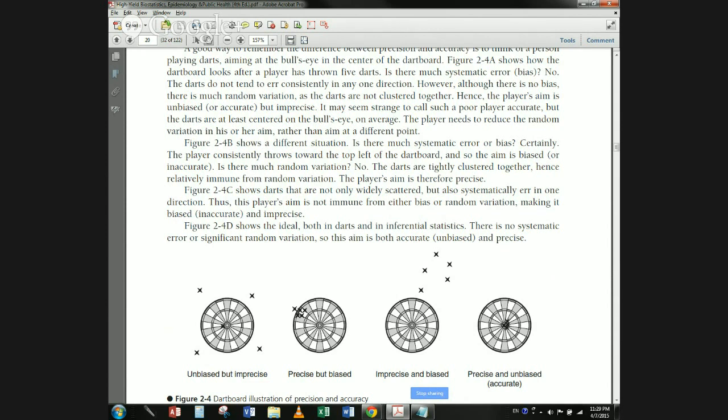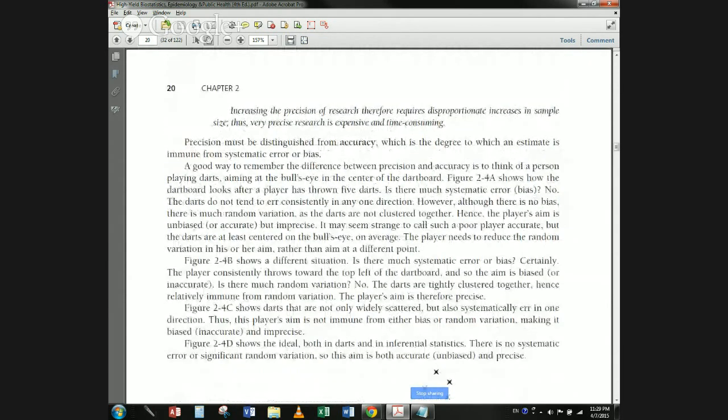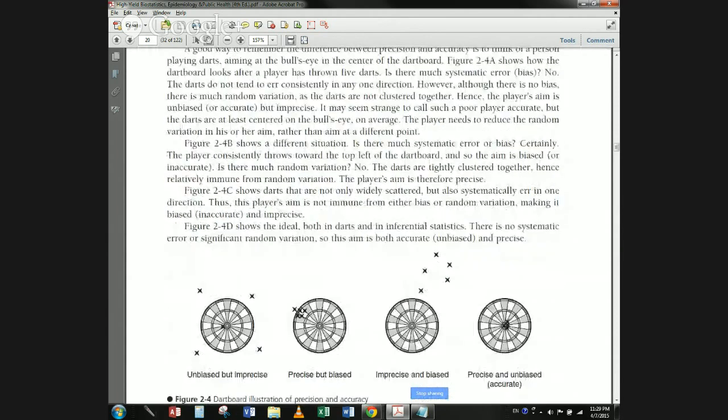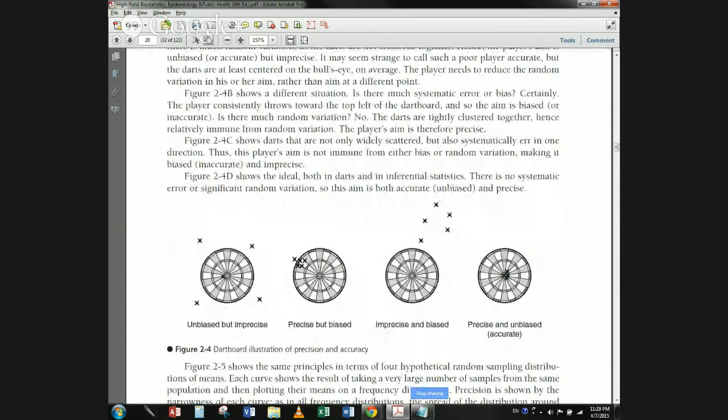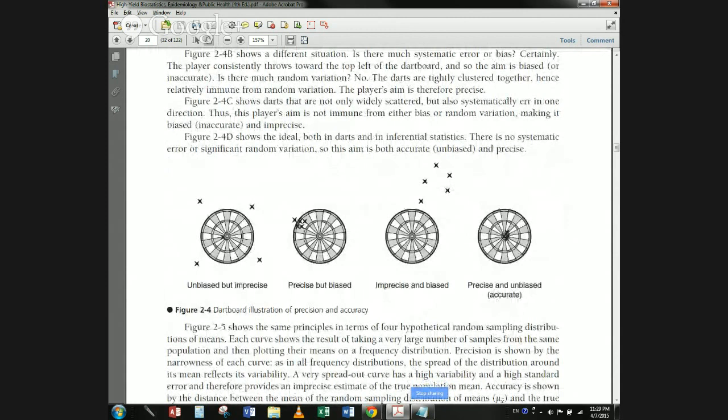Figure 2.4b shows a different situation. Is there much systematic error or bias?